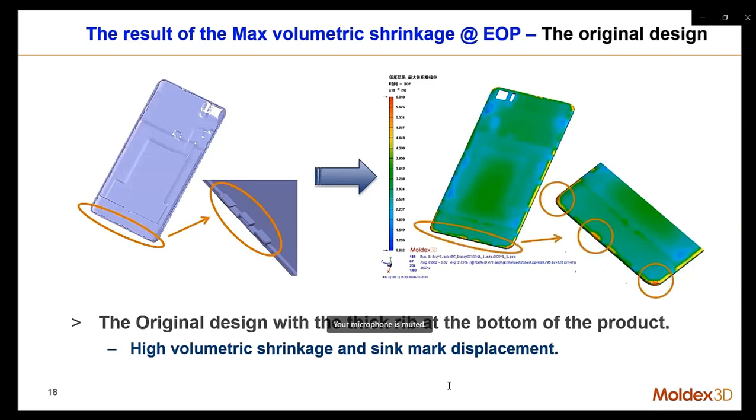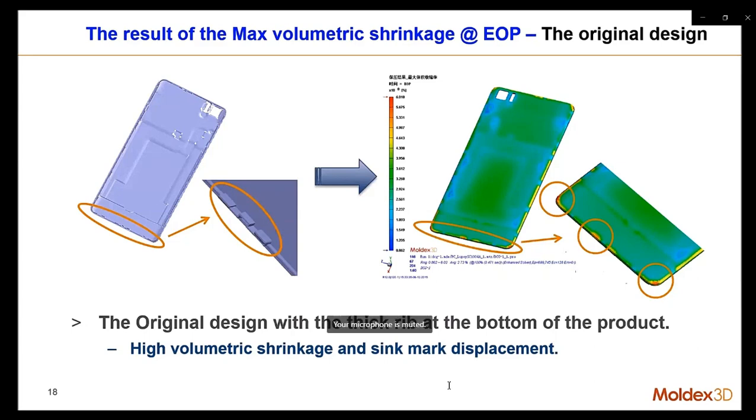We can see here the maximum volumetric shrinkage result from Moldex3D. We can also see there is high risk of sink mark in the same area as the snap fit joint design.